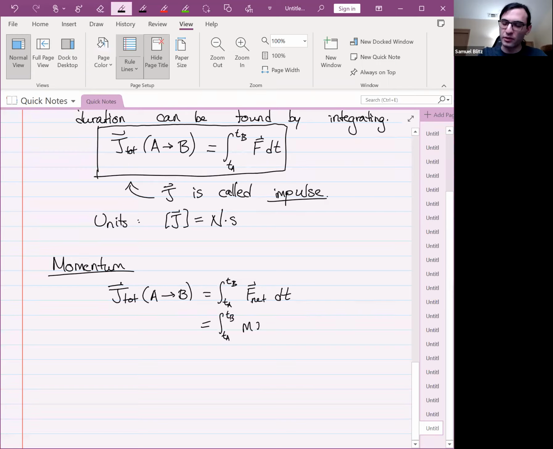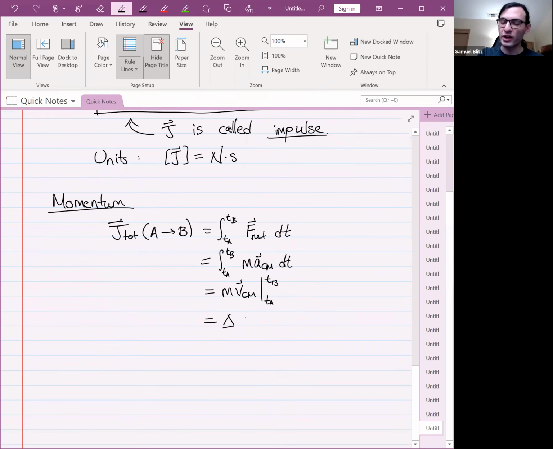So this is m times the center of mass acceleration, dt, right? And mass is constant, presumably. If you integrate acceleration with respect to time, you get velocity. So this is just mass times the center of mass velocity evaluated from tA to tB.